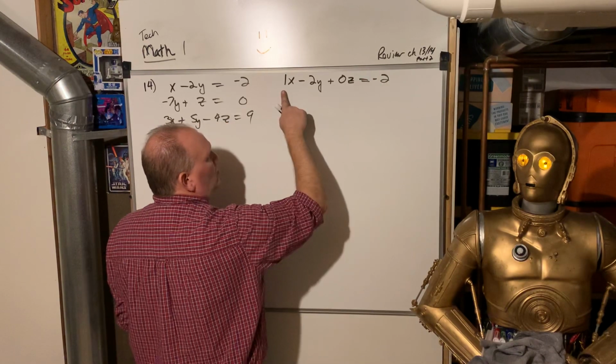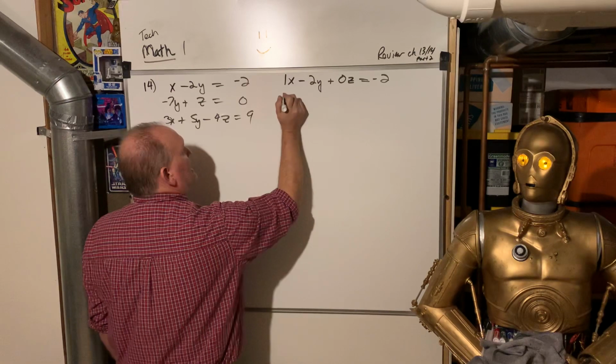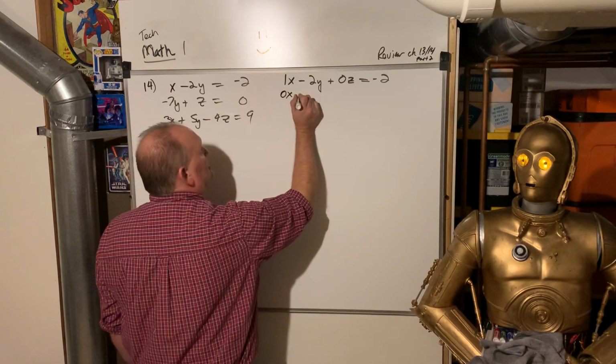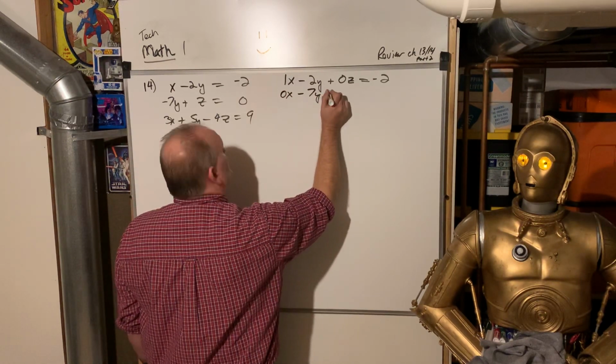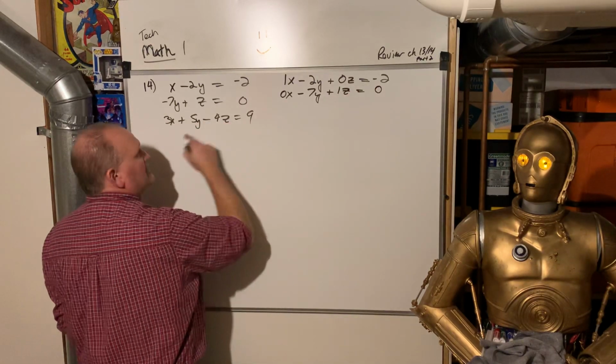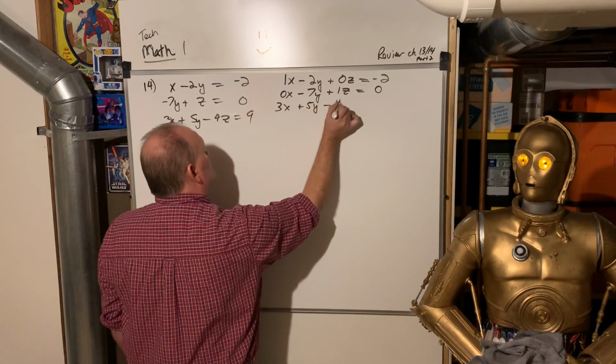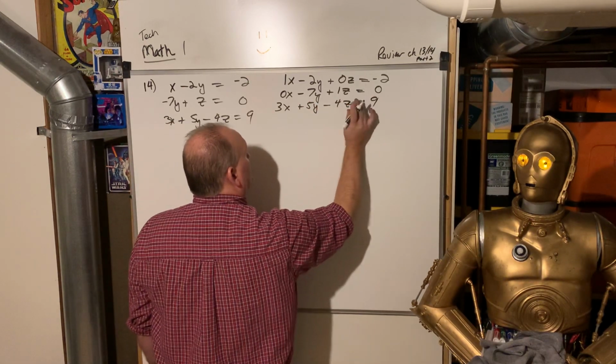That's my first row. 1, -2, 0, -2. Next row, 0x minus 7y plus 1z equals 0. Last row, they got everything, 3x plus 5y minus 4z equals 9.